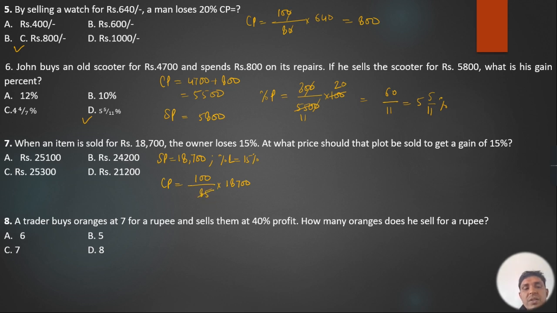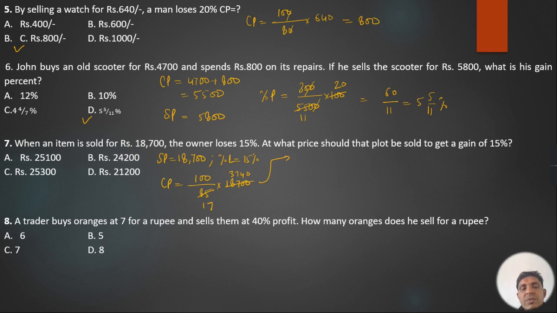When further solving this, just cut by 5. 5 1s are 5, 5 7s are 35, carry 3. Thereafter 5 3s are 15, carry 3, 5 7s are 35, carry 2, 5 4s are 20, and this is 0.